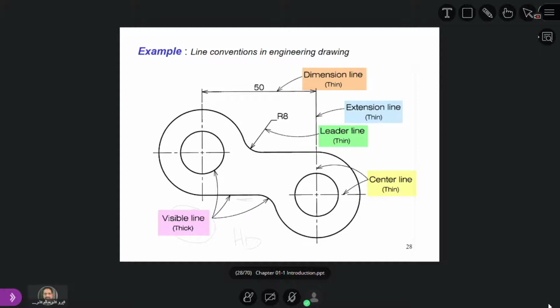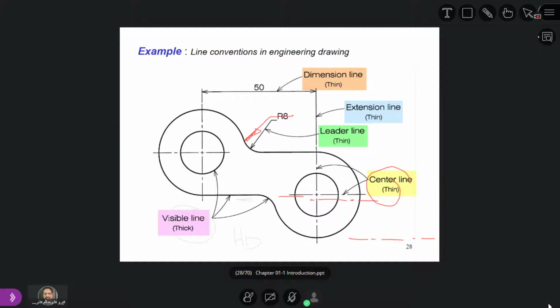And the center lines, as you see, these are the center lines. This shows the axis line for a circle. See here also you have the center line. So the center line always looks like this. The leader line is the radius.